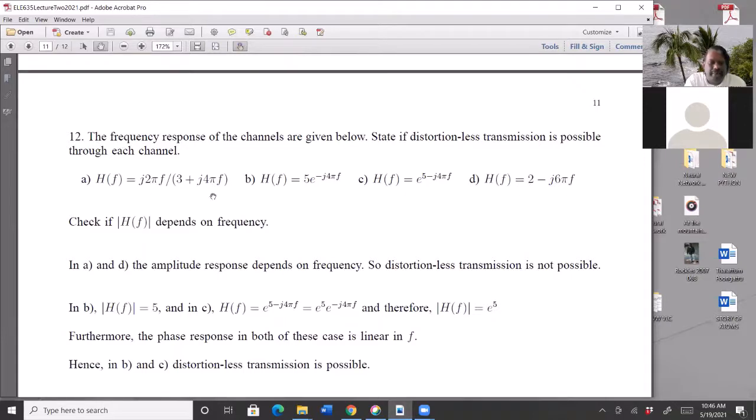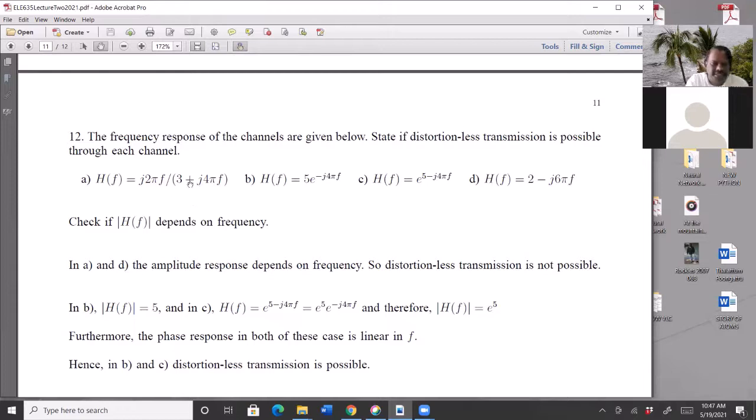If you take the amplitude of this, the magnitude of this complex number, it is the magnitude of this divided by the magnitude of this. The magnitude of this is simply 2 pi f. The magnitude of this is the square root of 9 plus 16 pi squared f squared. Clearly, the magnitude depends on the frequency.